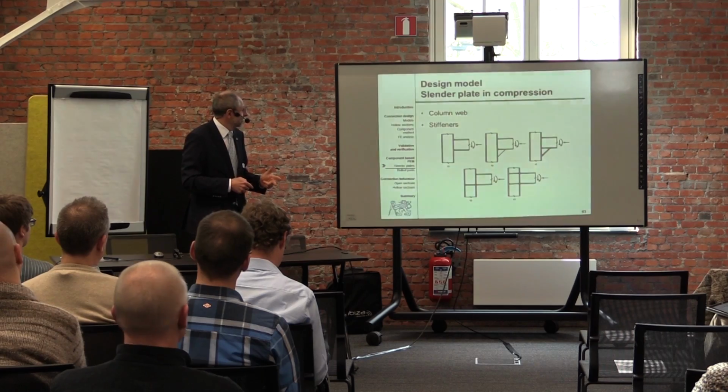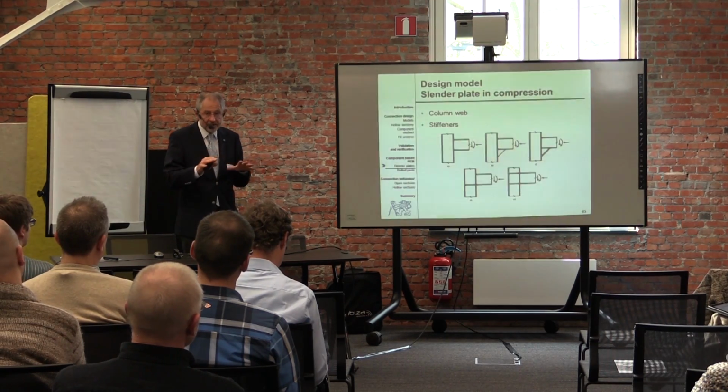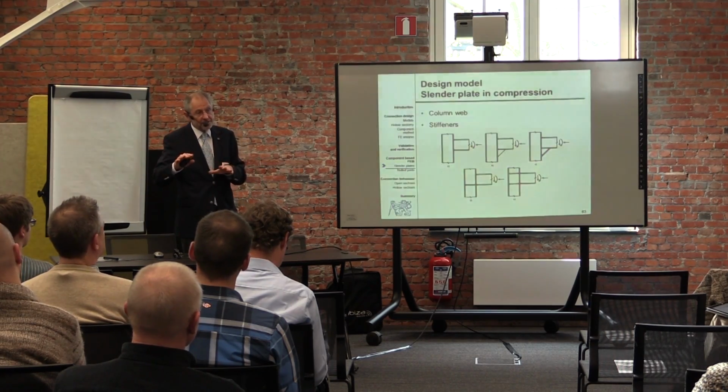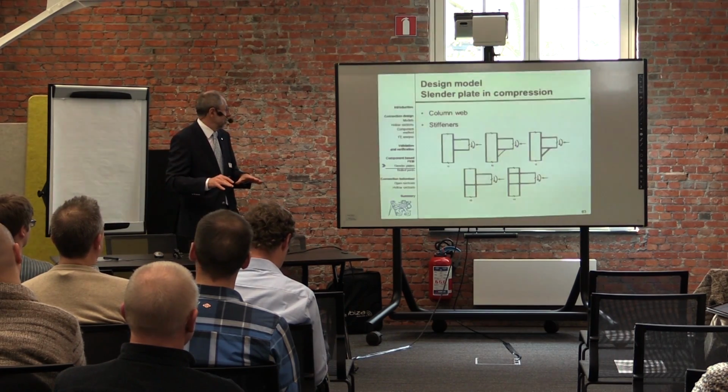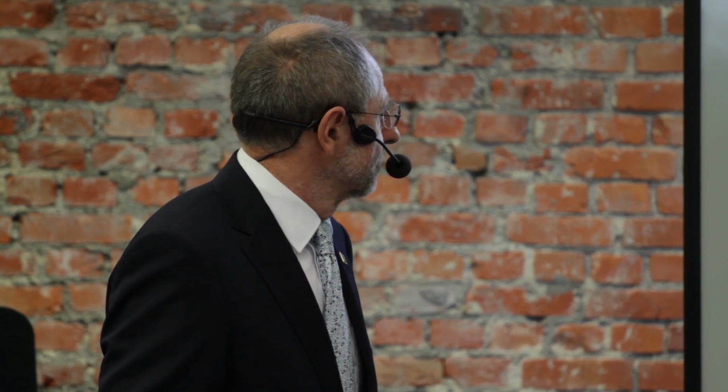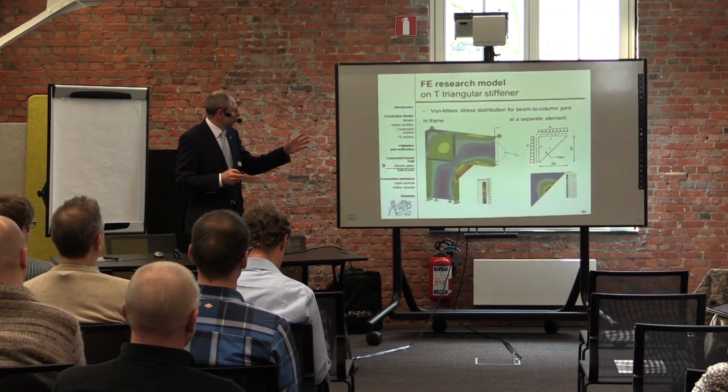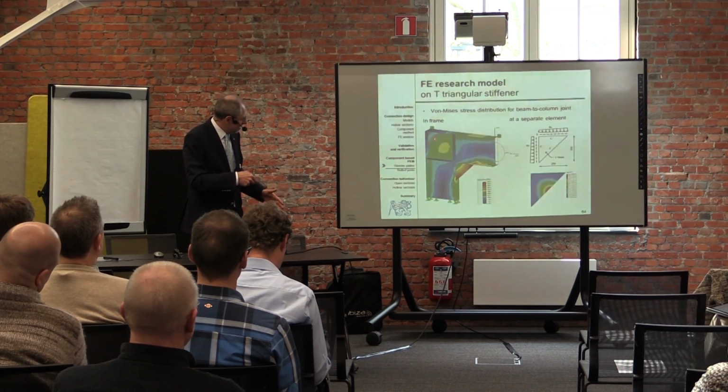So this is the material and the representation of the material in our finite element model. And secondly, I am coming to slender plates. So if we have a look at this, we have a connection, a moment connection.